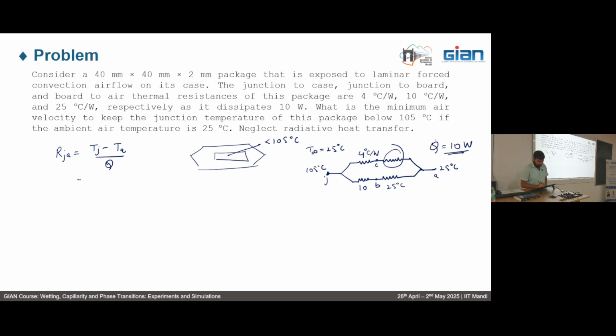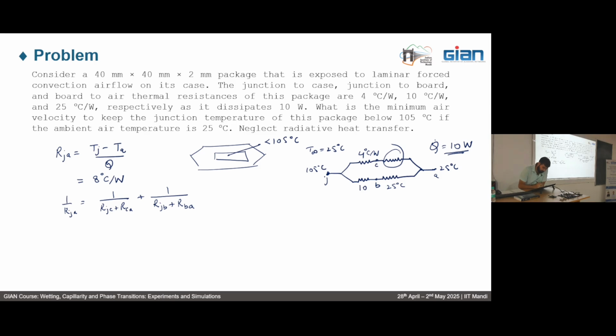I think for most this should come out to be, is it right, 8? 8 is fine? ठीक है ना, ये overall 8 ठीक है ना? And once we know 8, we can write that 1 by RJA is equal to 1 by RJC plus RCA plus 1 over RJB plus 1 over RBA.